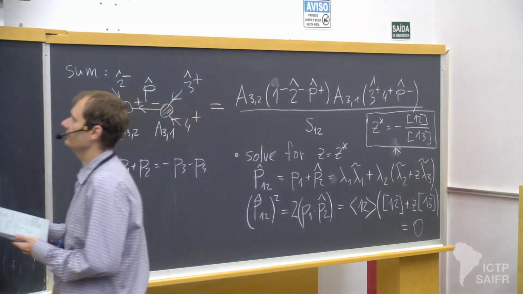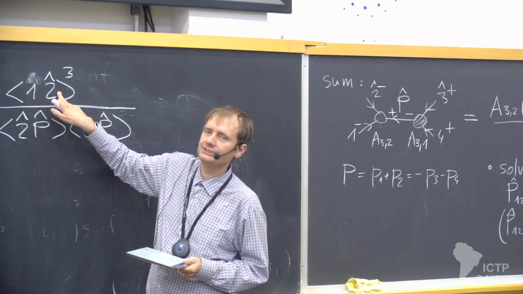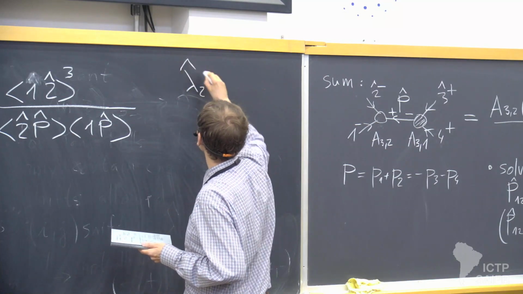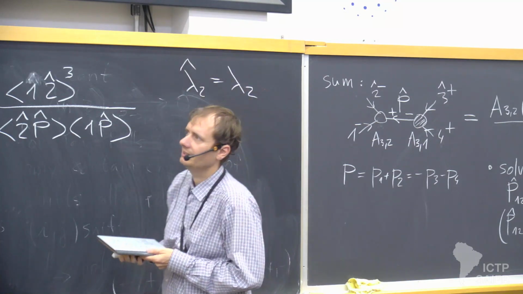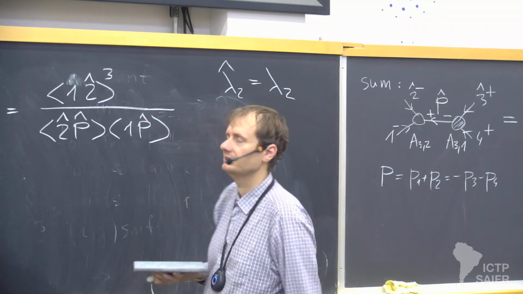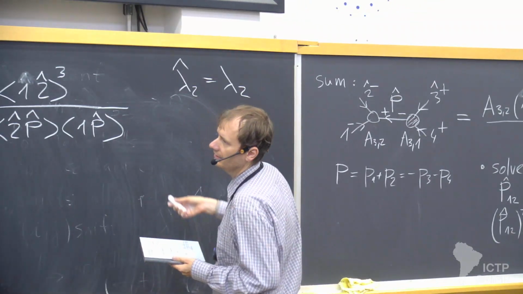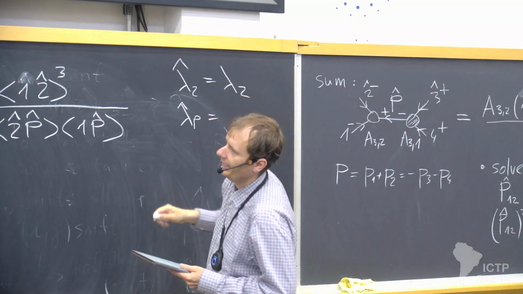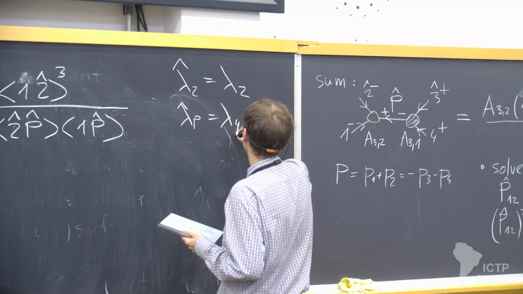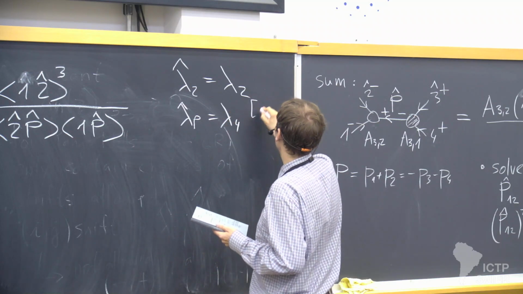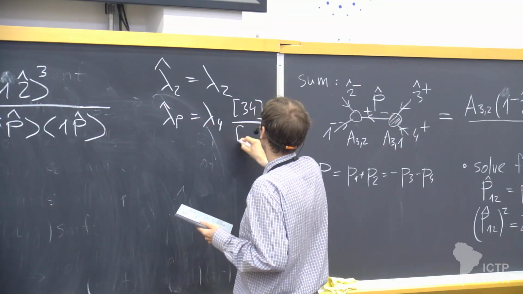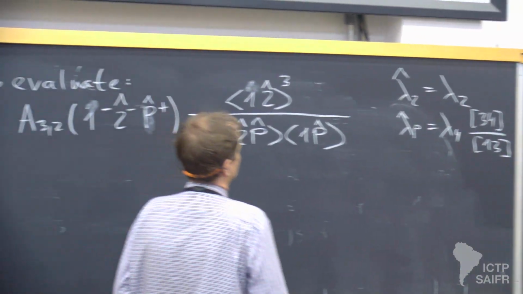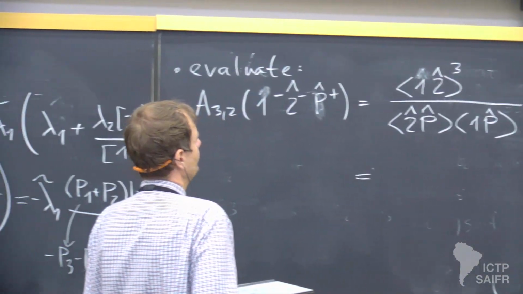However, the 2 hat for lambda is just lambda 2, because that was not shifted. Lambda 2 hat is just lambda 2, because we shifted lambda 2 tilde, not the lambda 2 itself. And the lambda p hat, as we calculated over there, was lambda 4 times 3, 4 over 1, 3. So we just plug in this formula for that.